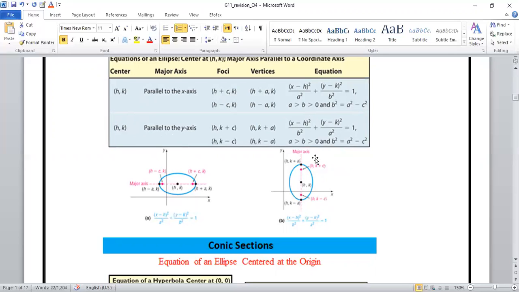In case the major axis is parallel to the y-axis, we put y minus k above a squared, and the sign is positive between the two terms: x minus h all squared over b squared plus y minus k all squared over a squared equals 1. The relation between a, b, and c is b squared equals a squared minus c squared.